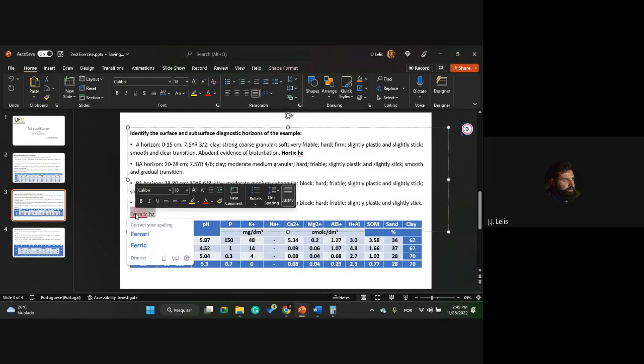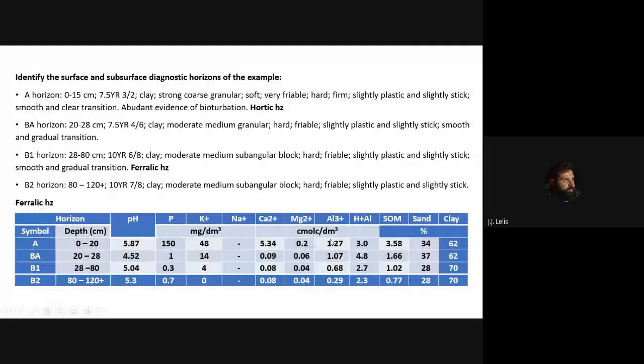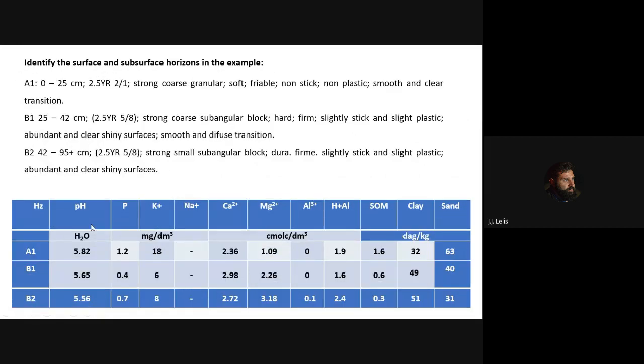So we have, in this example, the hortic horizon in the surface and the ferralic horizon in the subsurface, okay? And let's see the last example. The last example, we also should classify the surface and the subsurface horizons.